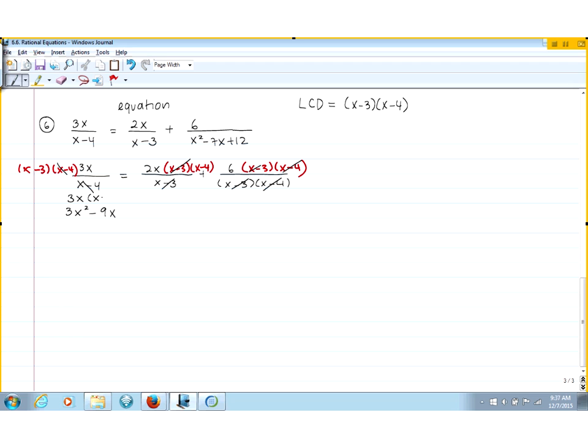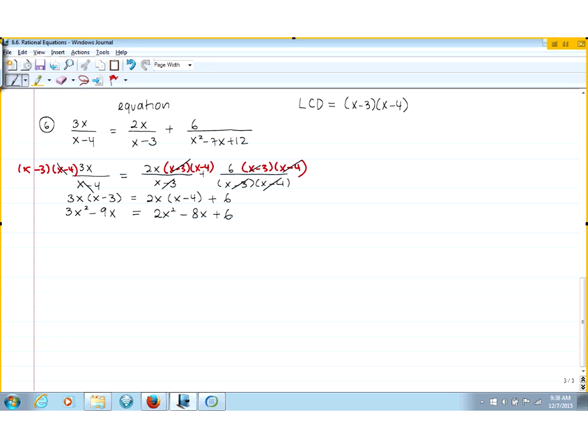Or if you want, you can write it first. This is 3x times x minus 3. No problem. This is 2x times x minus 4 plus 6. Then you can distribute. What is this? 2x squared minus 8x plus 6.